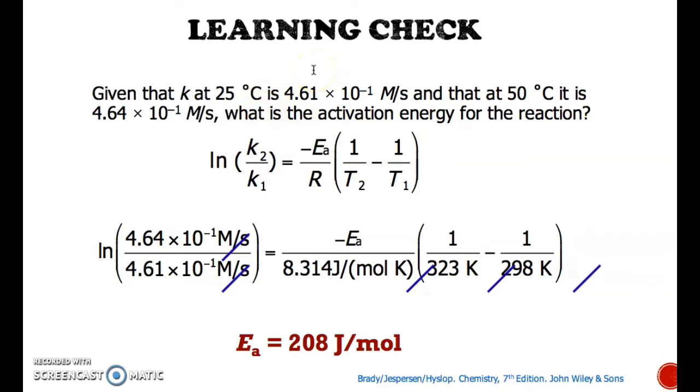You convert to Kelvin. And this is k1 and this is k2. And this is temperature 1 and this is temperature 2. So actually here the Kelvin cancels. And you get the answer, 208 joules per mole, for the activation energy.